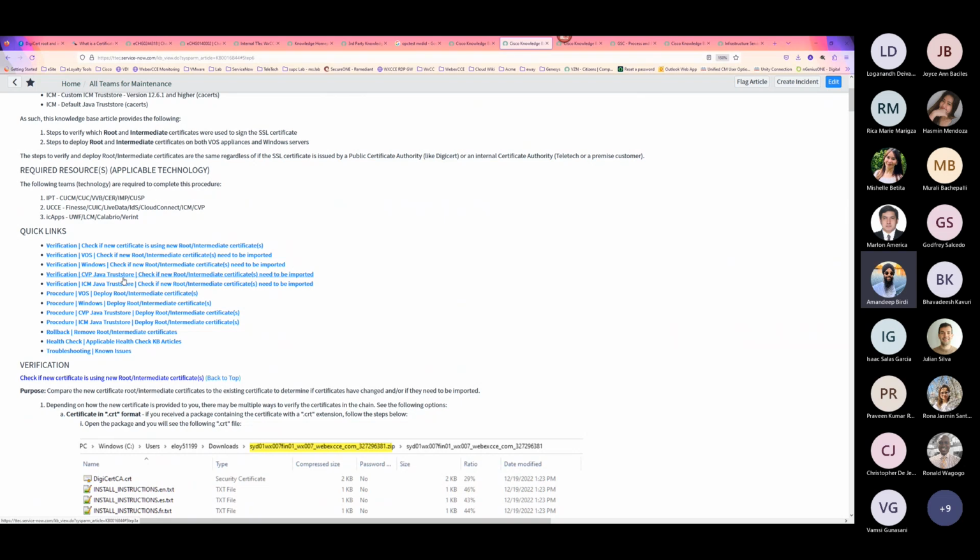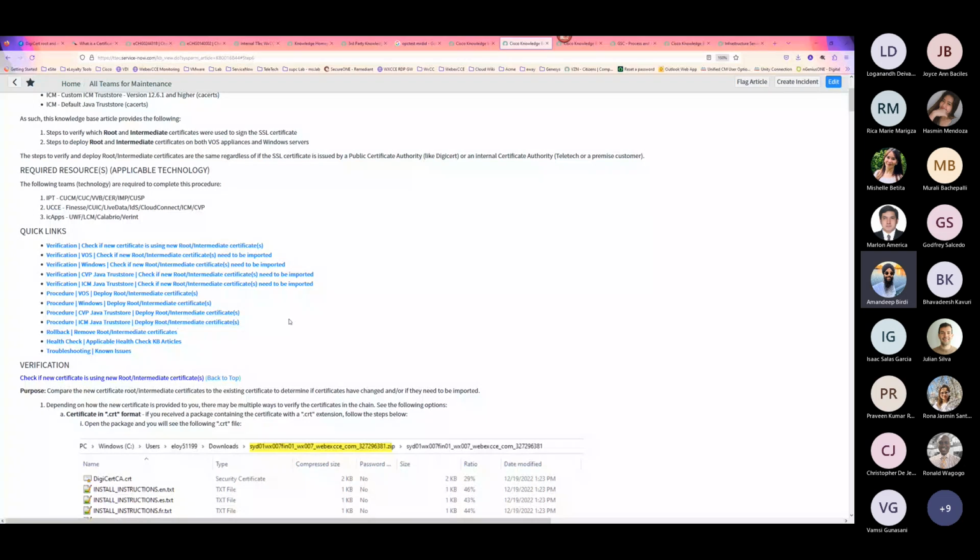And I don't touch any non-Cisco stuff in here, but again, it's all the same, right? If it's using Windows Trust Store, I've got the steps in here. If it's a Java-based application, I've got the steps in here for you to run the keytool commands to figure out what certs exist in there. Yeah, that's basically it.